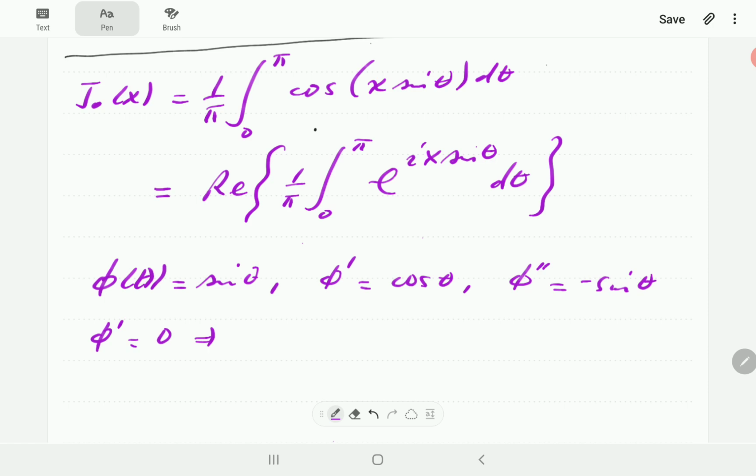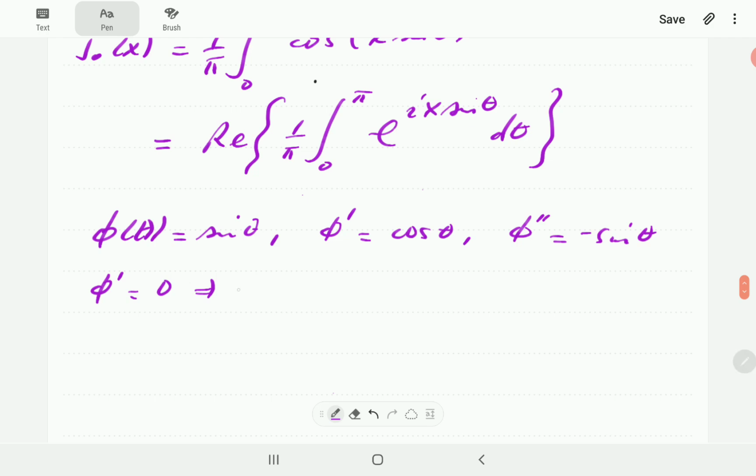Now in the interval 0 to pi, cosine theta is going to be 0 only when theta is pi on 2. So that's going to be our theta naught.